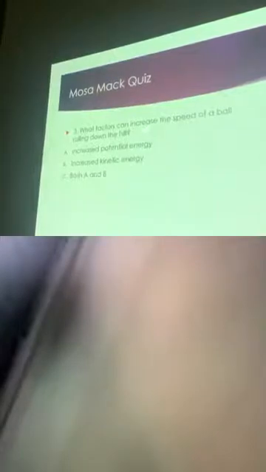I'm seeing some people say B, some people say C. You think it's C? But I'm not too sure. It's either C or B. Please tell me why y'all think it's B. Type it in the box. It says increase the speed.